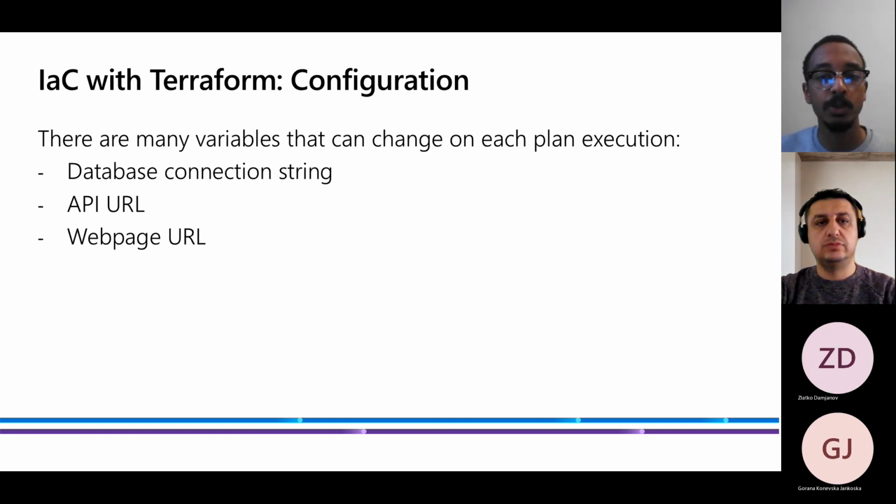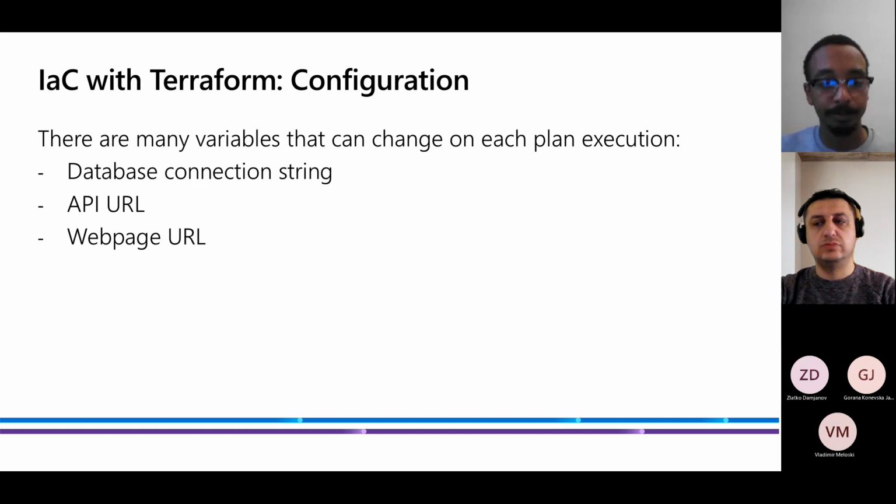So over here we have some issues that may arise with infrastructure as code, which is configuration, but these can all be fixed. Since every time we execute our plans, for example, we don't want to have the same database password and username every time we provision our SQL server, or we may not want to have the same URL, etc. So the way that this is handled is by using the outputs of different steps within Terraform and that configuration.